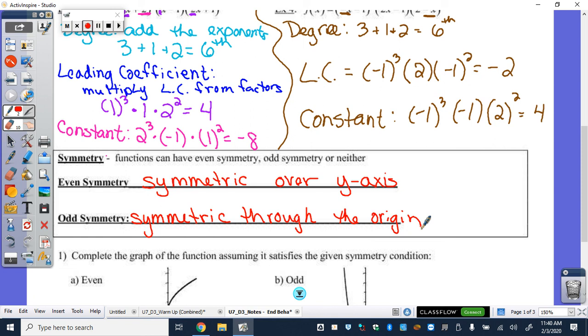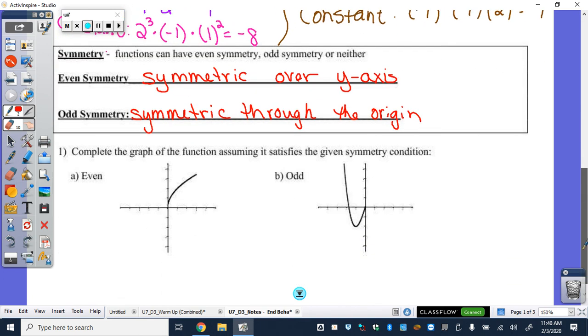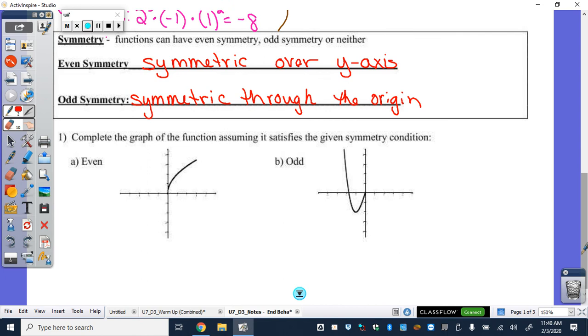So if they give you a picture of a graph and they tell you what kind of symmetry it is, you should be able to draw the second half of the graph. Now my lines are kind of messed up, but if you can find some nice even points in there, like the point 1, 2, right here, you would have the point negative 1, 2 for even symmetry. Then we sketch our other half of the graph.